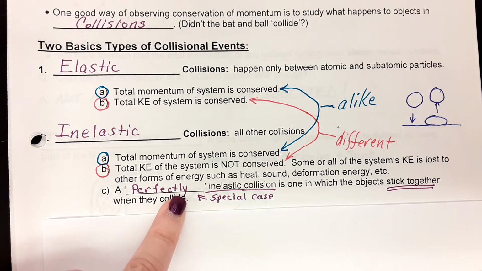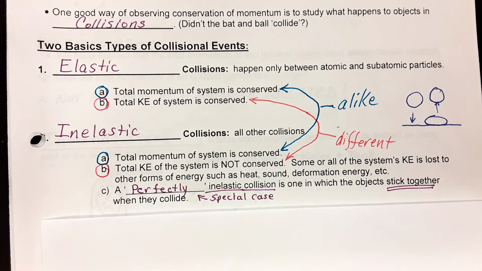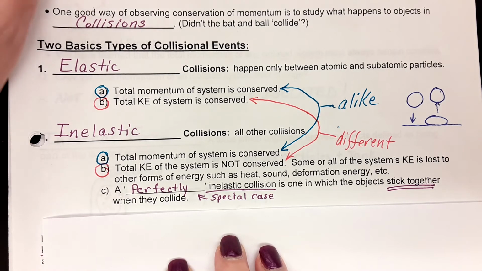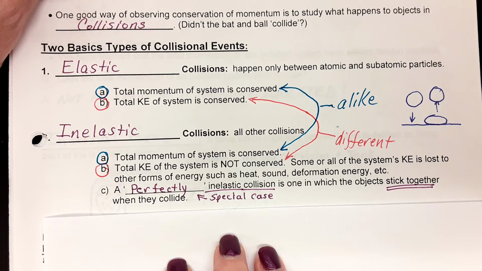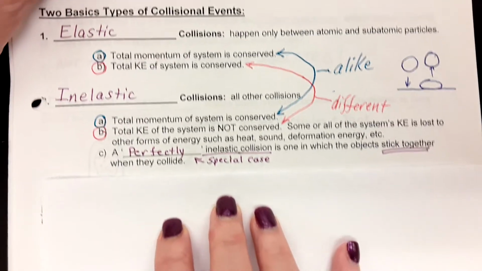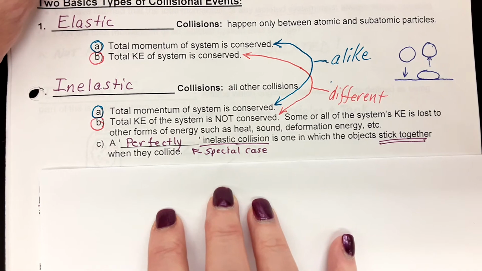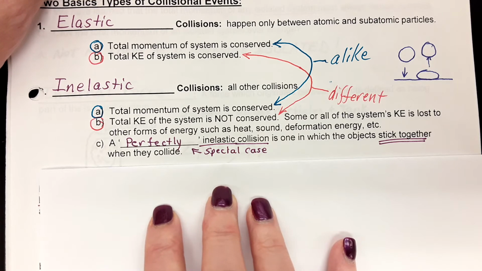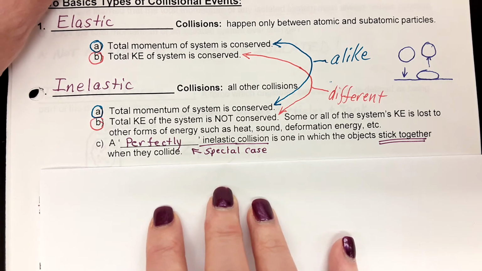But perfectly inelastic collisions, they stick together and share the total momentum as if they were one object. A good example of that would be, say, two cars colliding and their bumpers lock and they slide off together. Or maybe two football players, one tackles the other and they fly off together.